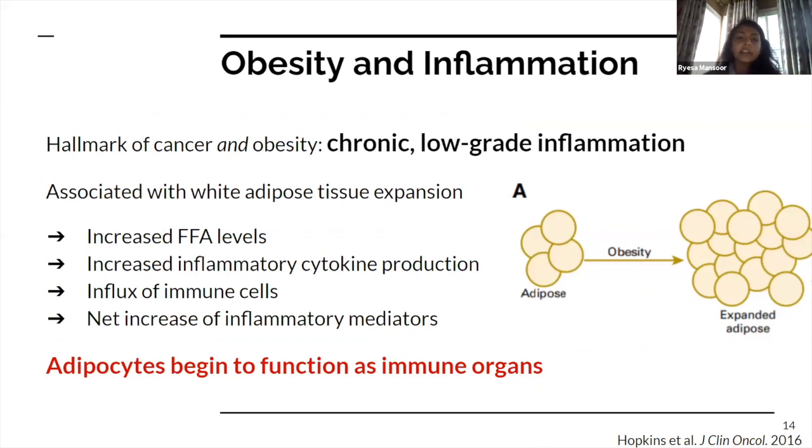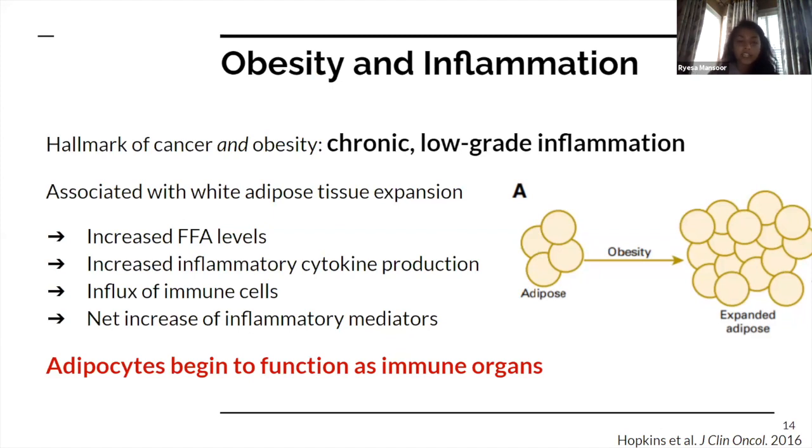Specifically in obesity, the inflammation is really associated with white adipose tissue expansion. So I included that schematic again, where you can visually see that with obese individuals, adipocytes and fat tissue are expanding significantly.